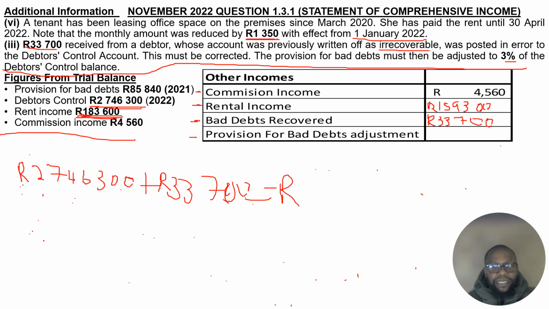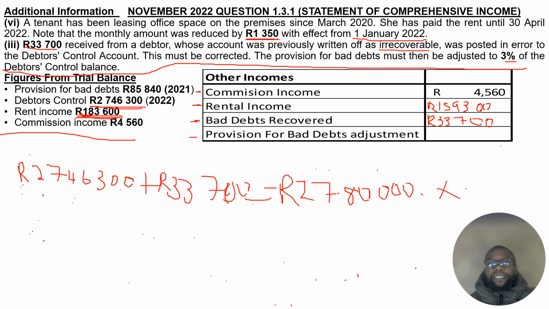So now we said it's 2,746,300. Let's add that 33,700, and then we have 2,780,000. That's our debtors. So now let's calculate the provision.